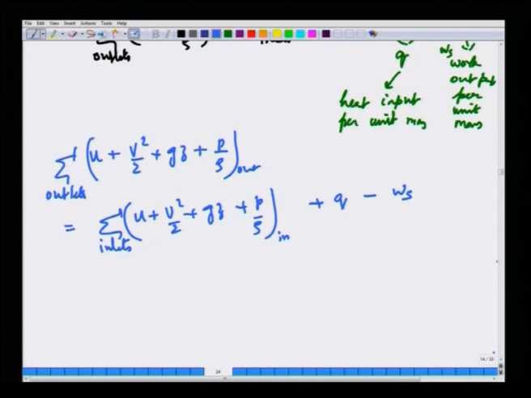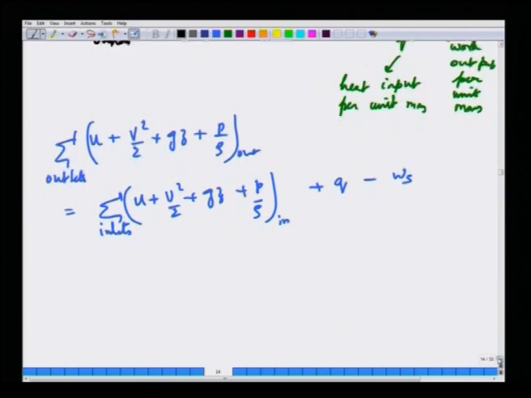Okay. Now, this is the energy of the fluid at the outlet, and this is the energy of the fluid at the inlet. Why does the energy of the fluid at the outlet change? It could change from the energy at the inlet, because you are transferring heat into the CV or you are taking out work from the CV.